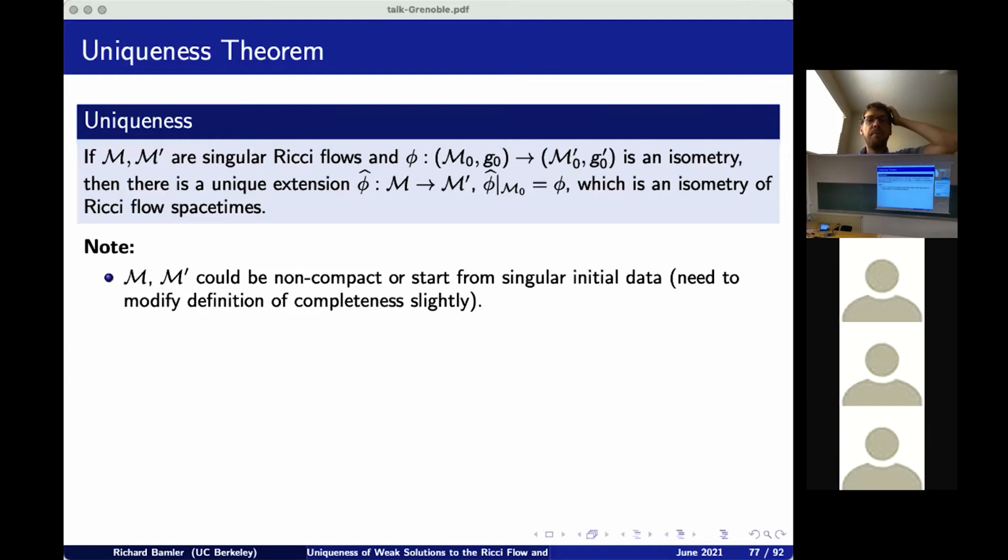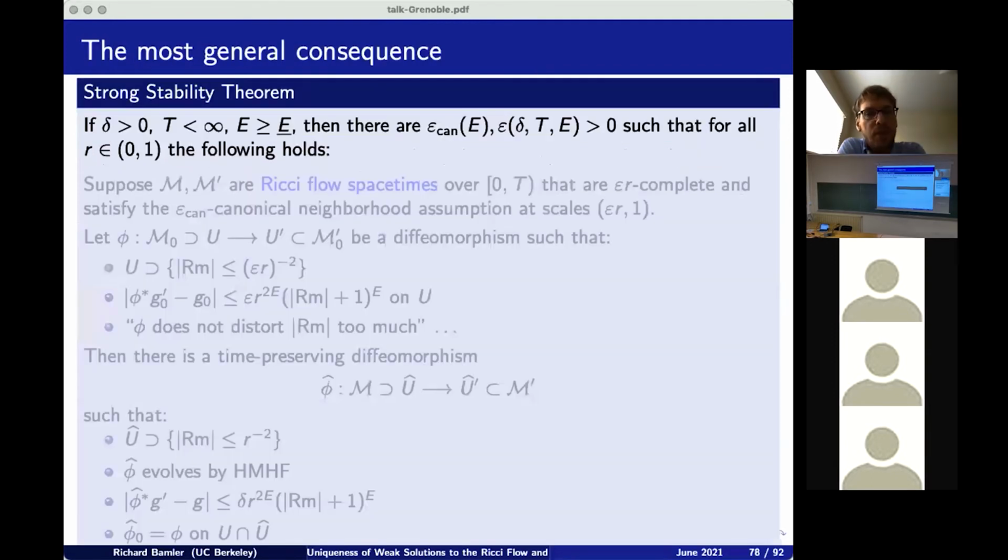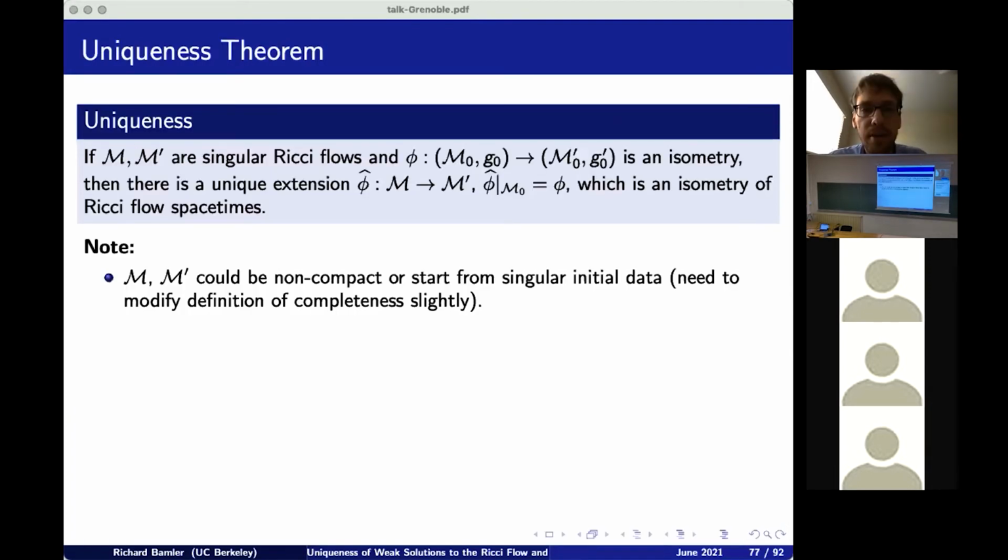Okay, so we do get a uniqueness of Ricci flow. If we have two Ricci flows that are isometric in the beginning, then they are isometric. But there's a much weaker... Oh, sorry. You say singular, so is it any type of singularity, or do you ask for a certain type of singularity, the one that appears along the Ricci flow? Oh, okay, that's a good point. Okay, so I should be honest here.